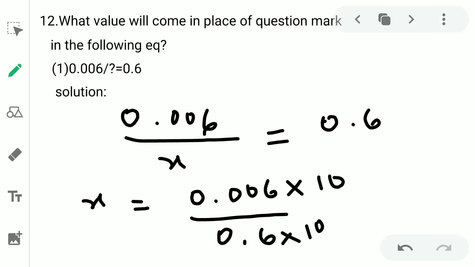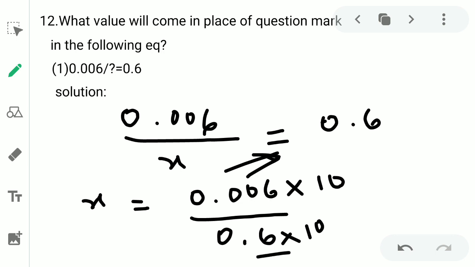Next one, 12th one, what value will come in place of the question mark? They have asked in the following equation. When I divide 0.006 by x, I am taking the question mark as x. Even you can take A, B, C or any alphabet like that. So you get the answer equal to 0.6. So I am taking x here and 0.6 down.